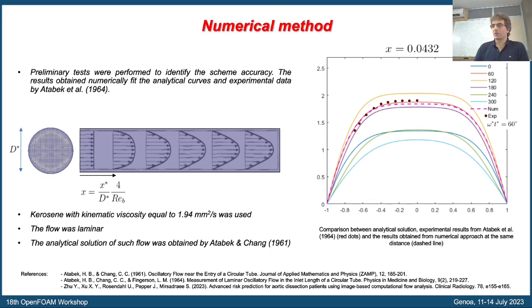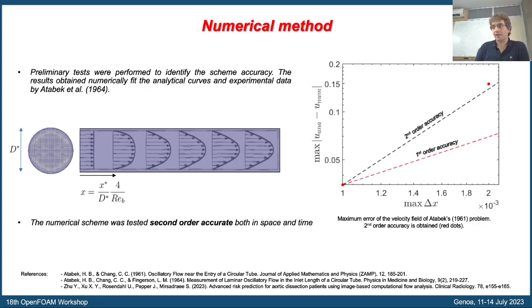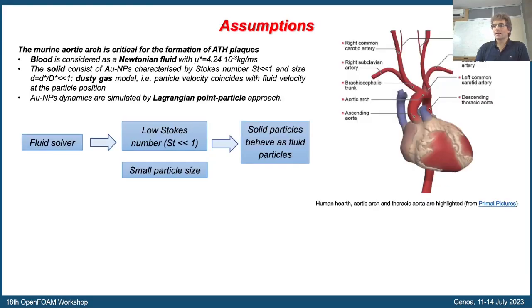And by changing the grid size, the mesh size, it was possible to evaluate also the accuracy of the method, which looks like second order, as you can see in this diagram.